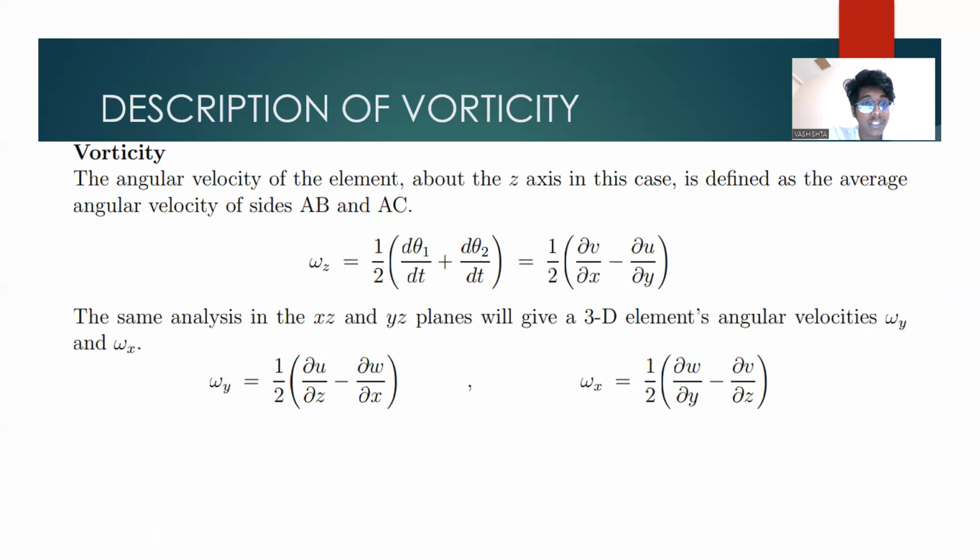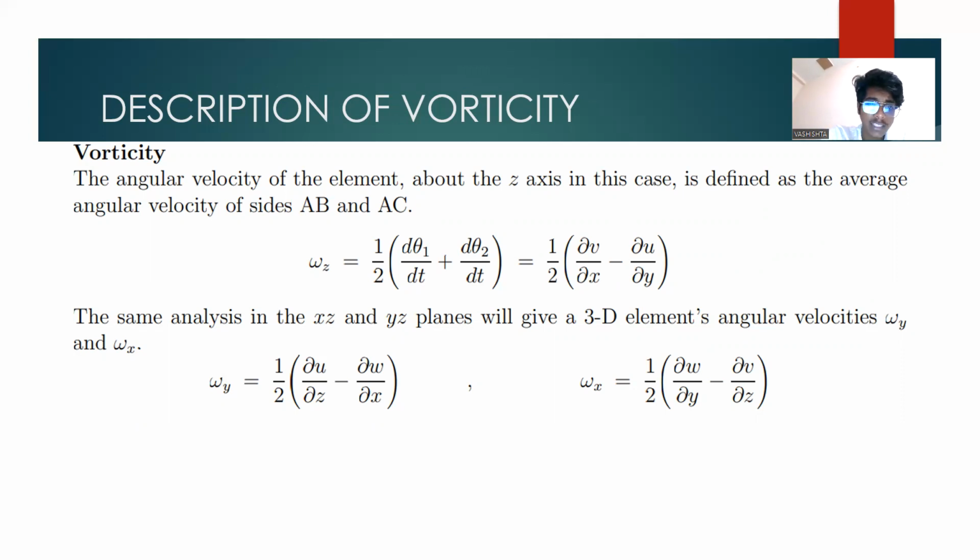The angular velocity of the element about the z-axis in this case is defined as the average angular velocity of sides AB and AC, which is ωz equal to 1/2 of (dθ1/dt plus dθ2/dt), equal to half of (∂v/∂x minus ∂u/∂y).